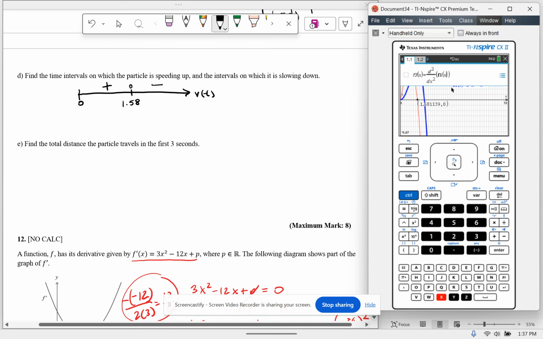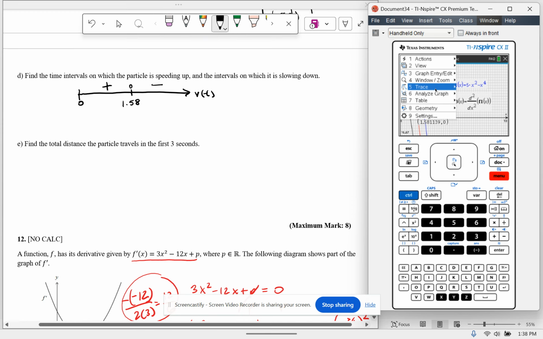So I'm just finding the second derivative of the original just to avoid that issue. It doesn't always work, and I just don't want to deal with it. All right, this is the derivative. I think I'm going to add a few more y's just to see what this thing looks like at the top. All right. This is the second derivative graph, and I'm going to find the 0 of this guy so I can make my number line.